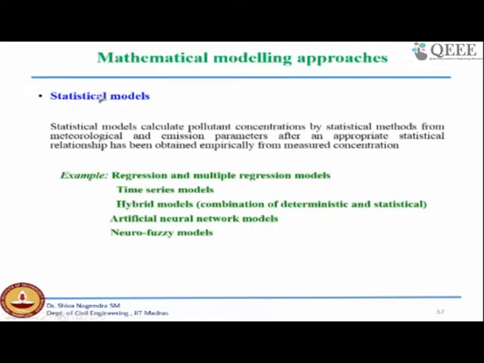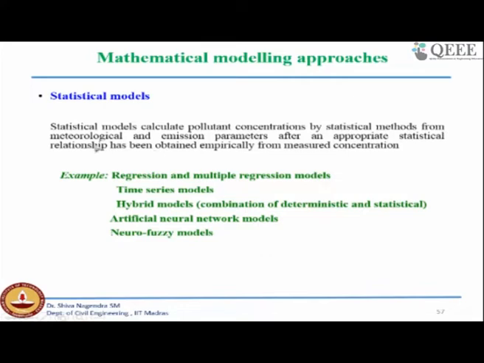Then you also come across statistical models. In both the cases, you will notice that some assumptions are made, and sometimes you may not get good results. In such cases, you look for statistical models, or you may not have many of the parameters required for the other deterministic models. If you have only one parameter, like pollutant concentration itself, then you can use that for developing a model.